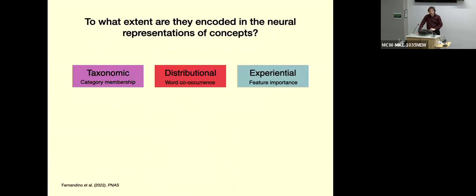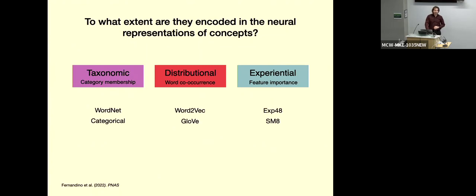So to what extent is each one of these kinds of information encoded in concepts? We did a study recently where we compared two models based on taxonomic information, two models based on distributional information, and two models based on experiential information.